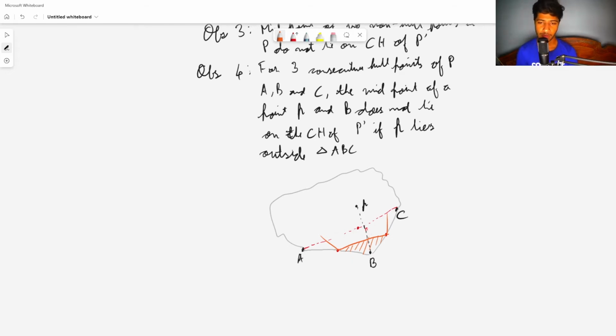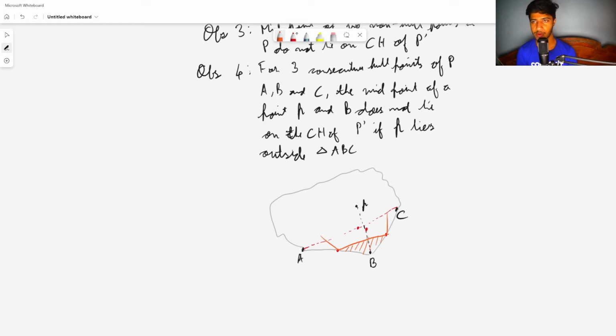The midpoint of small p and B can be a hull point of P dash only if the midpoint lies in this area that I have shaded. So if small p is outside the triangle, the midpoint will never lie in that area, so it will not be part of the convex hull. That is exactly what the observation is saying.